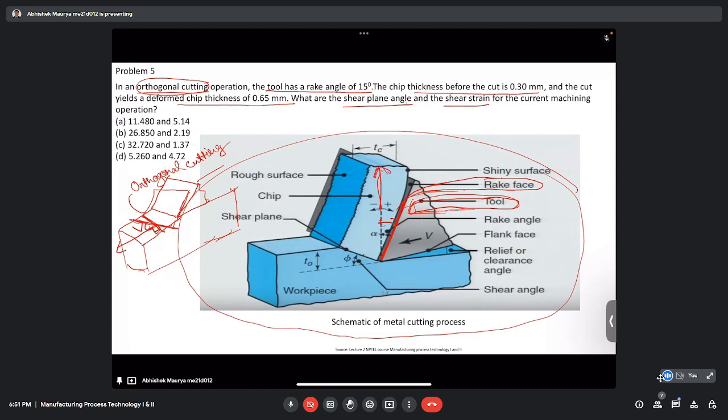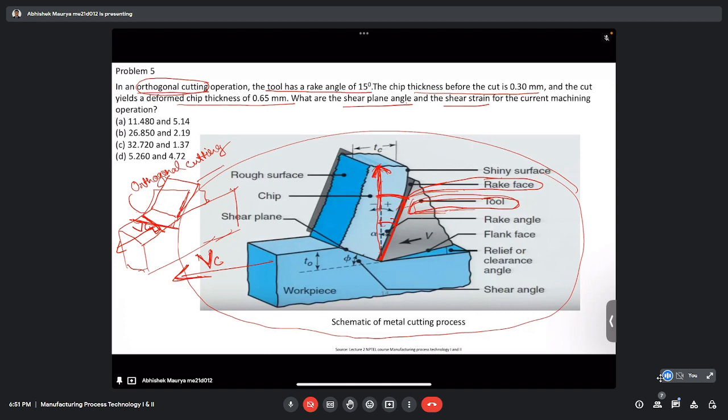It is the perpendicular to the cutting velocity. Everything in the machining operation is taken with respect to the cutting velocity. So this perpendicular is perpendicular to the cutting velocity, and the angle it makes with the rake face is called the rake angle.